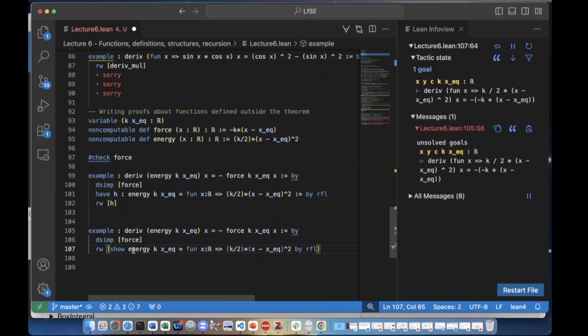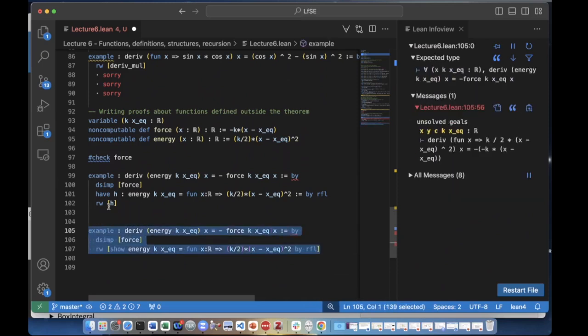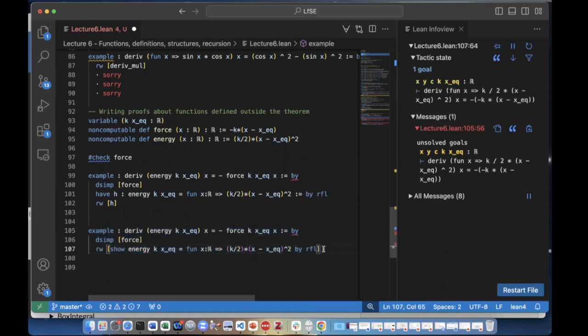If you're not going to be using this again, I think this style is preferred because it takes up one line of code, just as reasonable, I think, instead of 2 lines. And we don't introduce a hypothesis that stays in the context of the problem for later on. So I think this is the preferred way to do it. But both of these styles takes us to the same place of the solution.